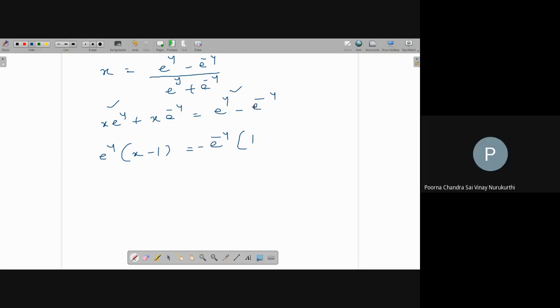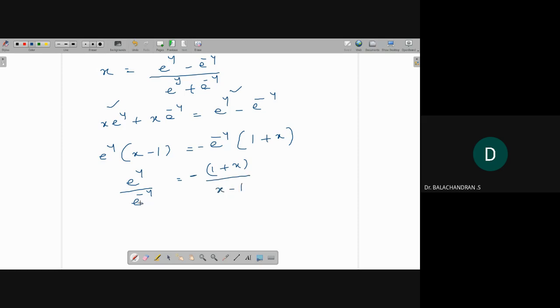X plus 1, sir. Yeah, so 1 plus x. Is it correct? Yes, sir. Okay. So now this is equal to e power y divided by e power minus y equal to 1 plus x divided by 1 minus x.